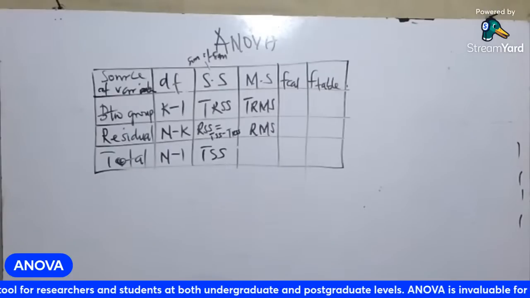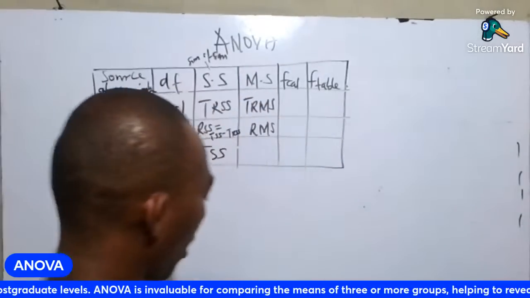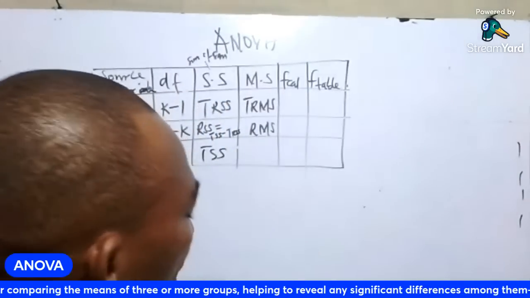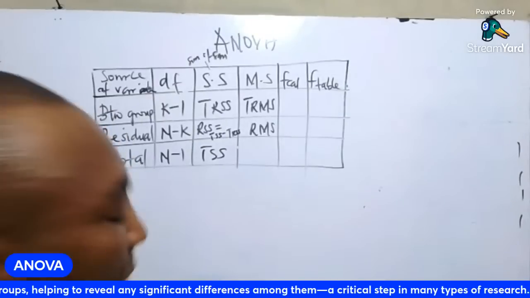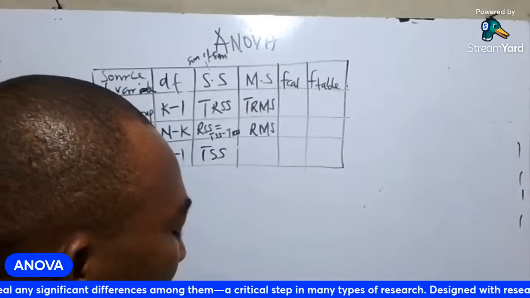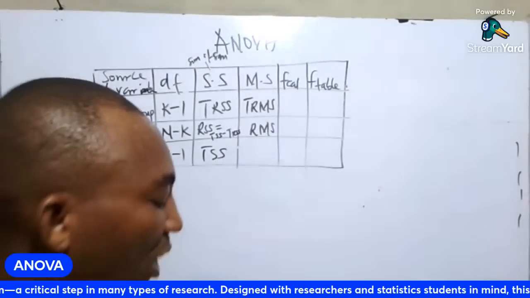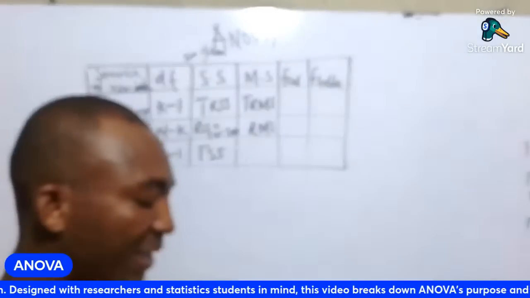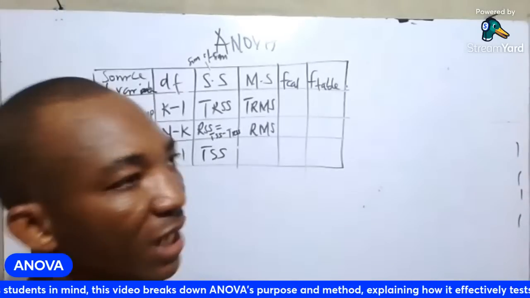Let me put a question on the board for us, then we'll look at it one after the other. Suppose a test is administered to 3 randomly selected groups of students in a large university, majoring in physics, chemistry, and biology.